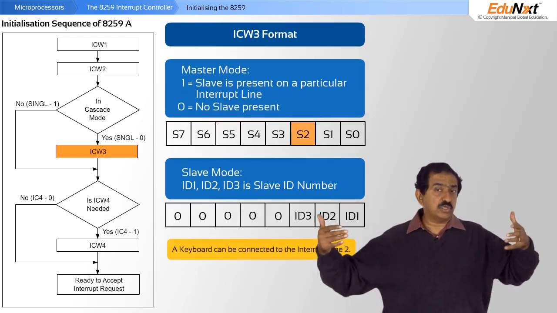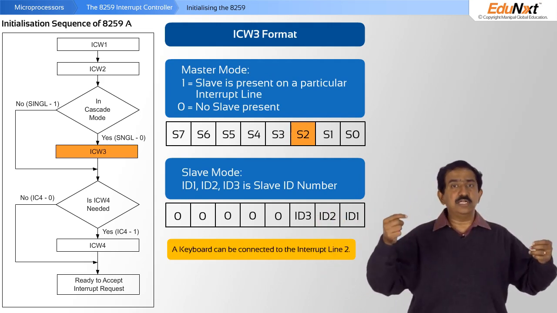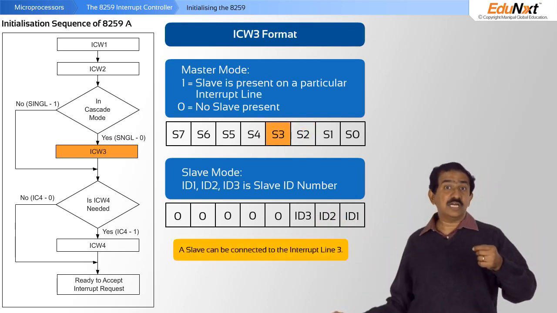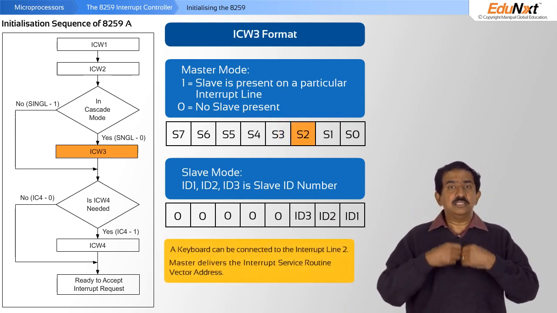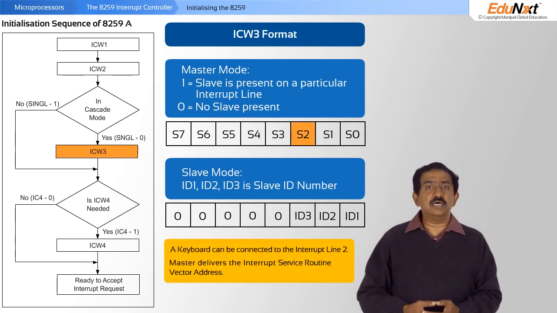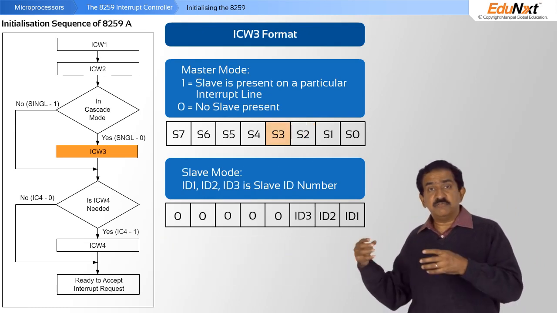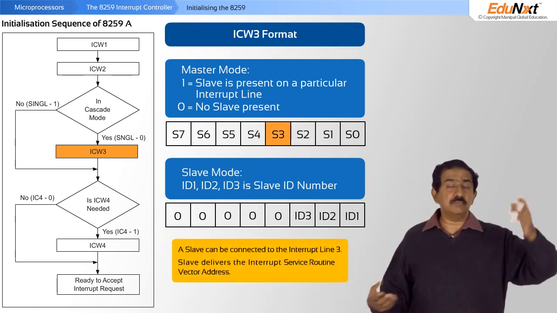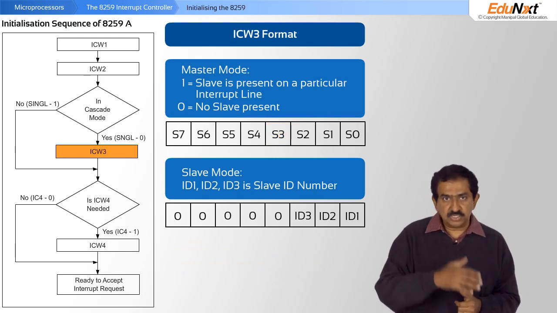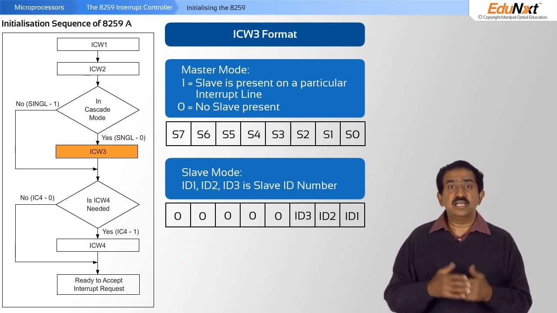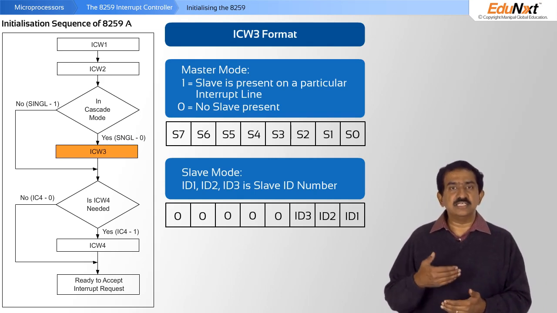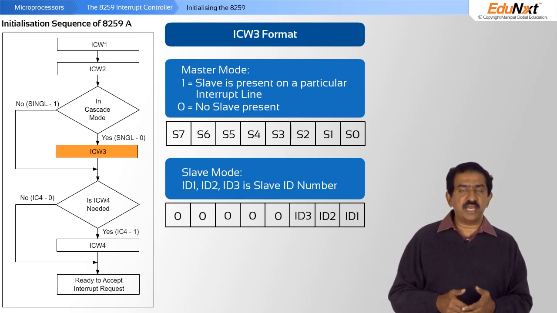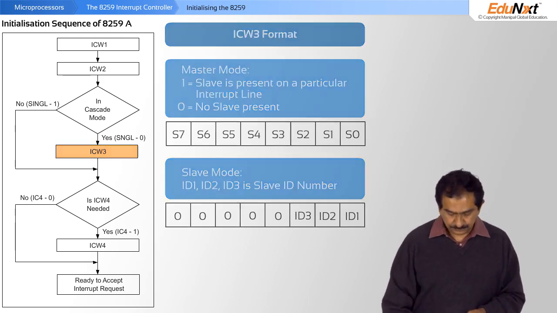You could connect a keyboard to interrupt line 2 and you could connect a slave to interrupt line 3. If it is a keyboard, the master itself will deliver the interrupt service routine vector address. If it is a slave, the slave 8259 will then be asked to deliver that. So this particular control word helps the 8259 know which of the interrupting inputs is connected to a slave 8259 or to a direct interrupting device.